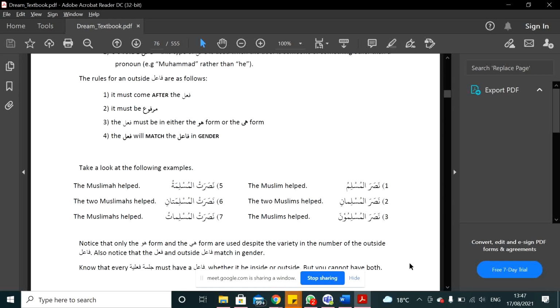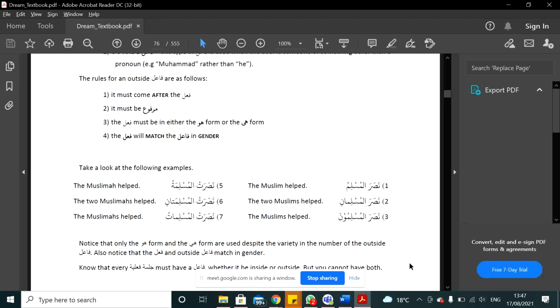Now we will see the fa'il that is coming in, what is the gender of the fa'il. If the gender of the fa'il is masculine, you will put nasara, or the format of nasara. Or if we have a feminine doer, we will put nasarat, which is a hiya format, or any word in the nasarat format.